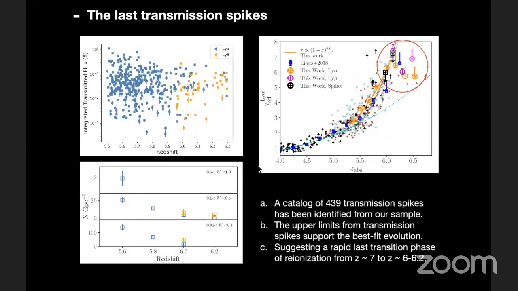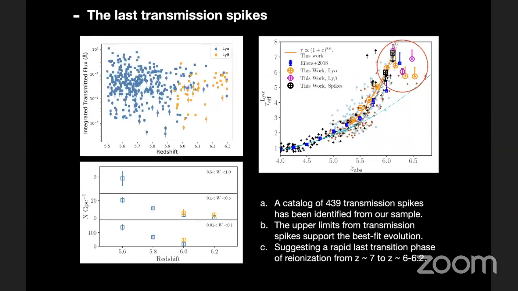And again, going back to the Lyman alpha effective optical depth plot, we can also use these transmission spikes to constrain the Lyman alpha optical depth. By assuming that the transmission spikes represent the only flux from the sightline, which means that other pixels just have zero flux, we treat these values as upper limits of the Lyman alpha effective optical depth.